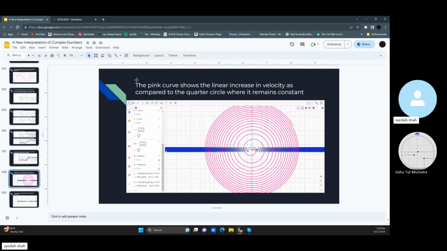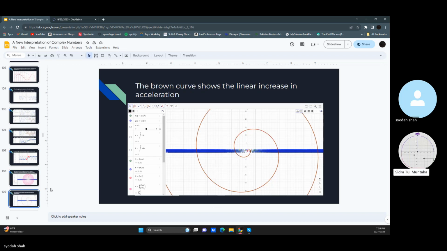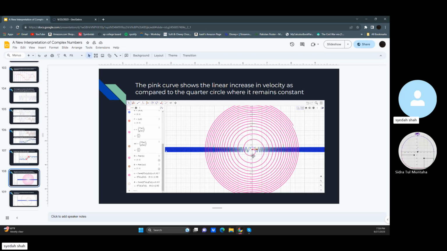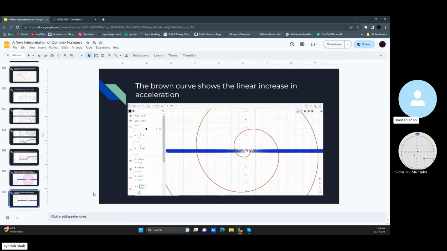The pink curve shows the linear increase in velocity as compared to the quarter circle where it remains constant. Okay, so it is the velocity being plotted. Look how the velocity is increasing. It just keeps going and going. And then the brown curve shows the linear increase in acceleration.